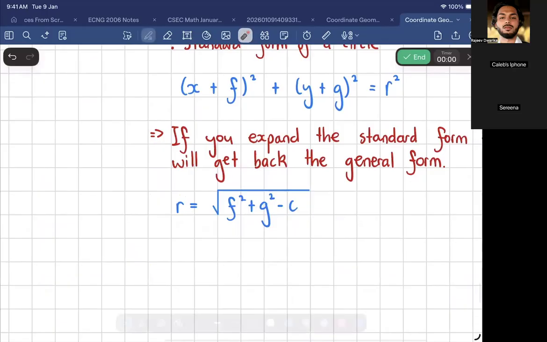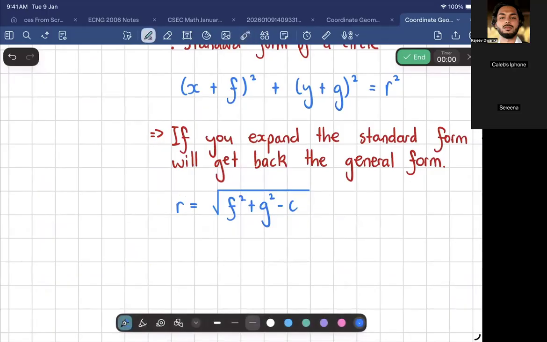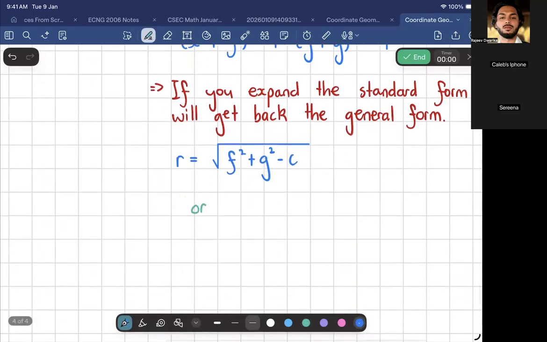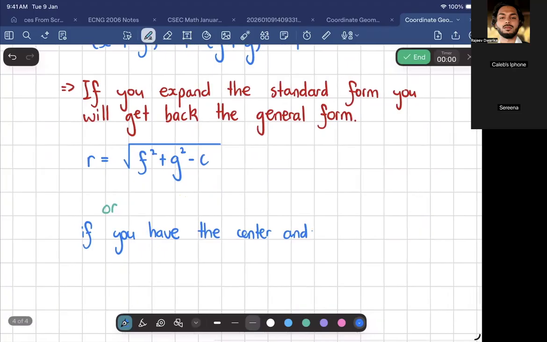Don't worry, Caleb. In the next class, I'll take my time and I'll go over it. And if you have 2 points, if you have the center and a point on the circumference, which formula do you think you could use?